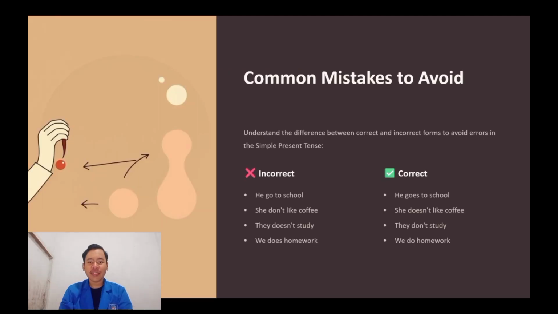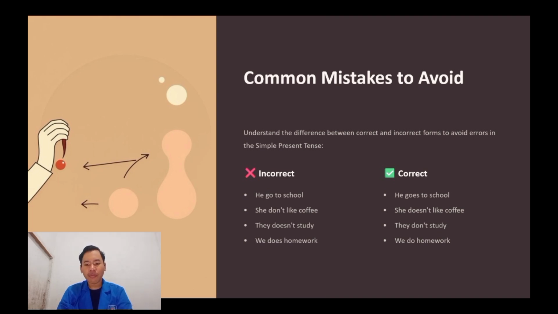Next, common mistakes. Now, let's talk about some common mistakes students often make. He go to school. Correct? He goes to school. We use goes, not go. She is play piano. She plays piano. We use plays, not is play. The first sentence is wrong because we forgot the s after he.